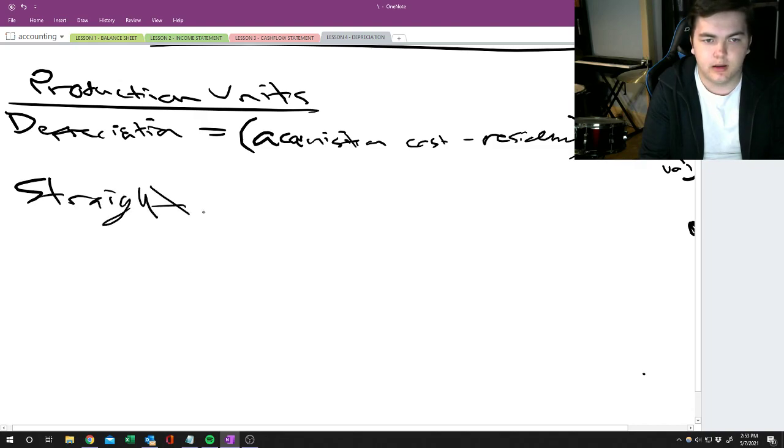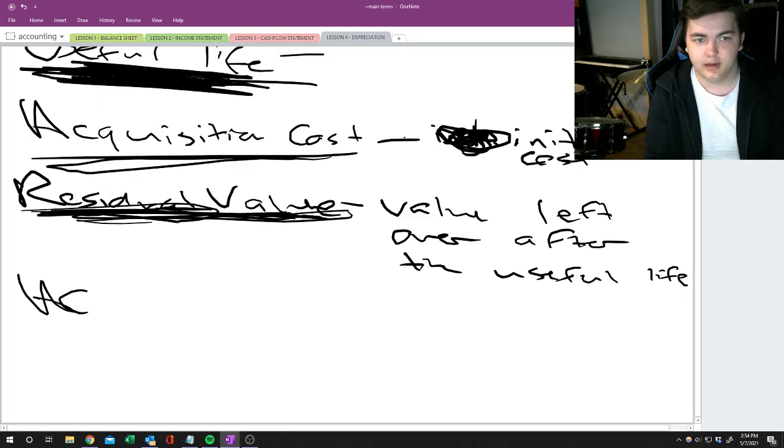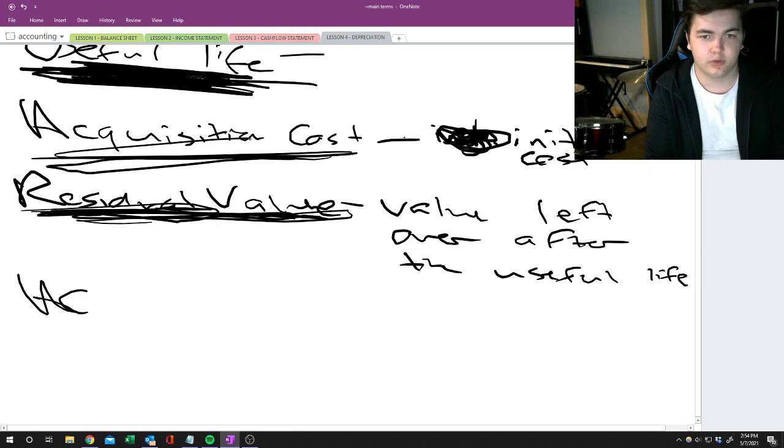So the straight line method. And this one is really easy. It's just a straight line. So let's say we have an asset, and we have its acquisition cost, and then we have its useful life.